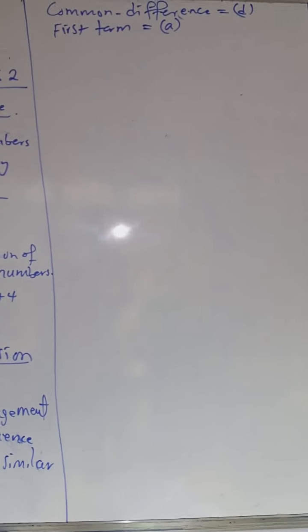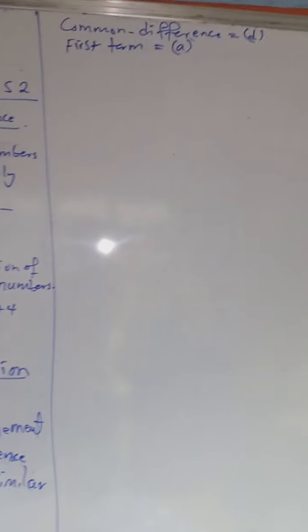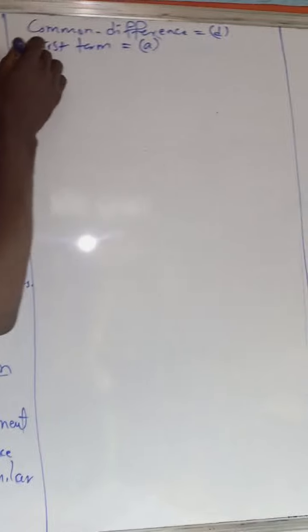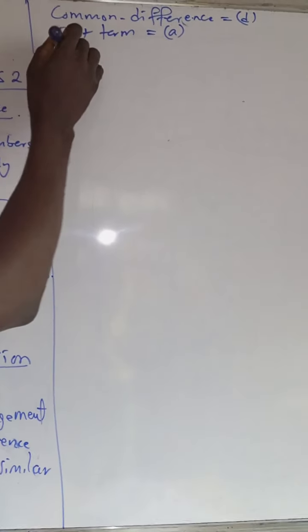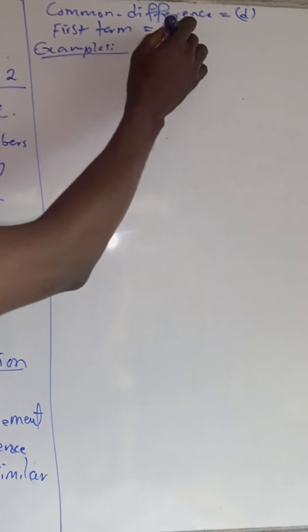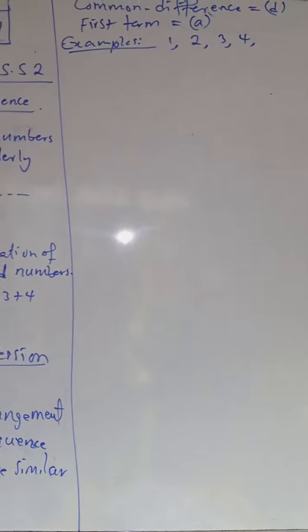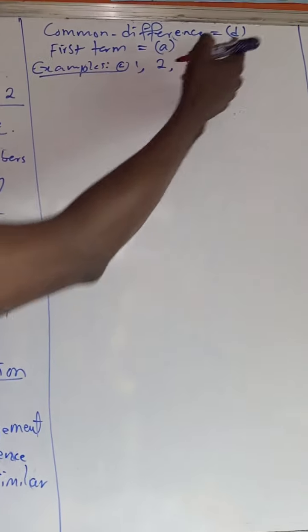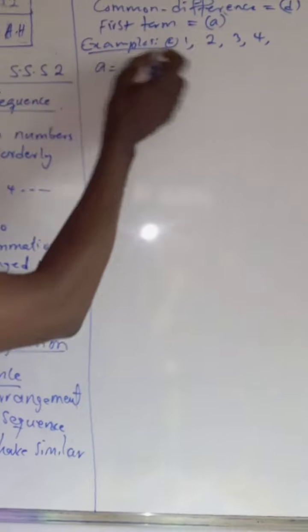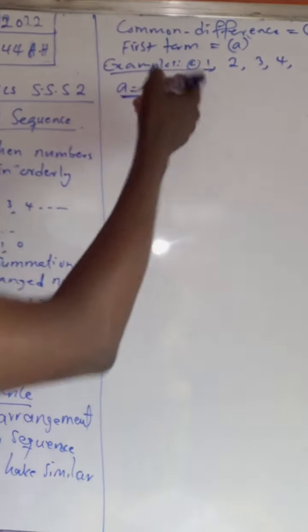Let me give an example. Let's say we are given this sequence: 1, 2, 3, 4. From this, our A is the first term, which is 1.